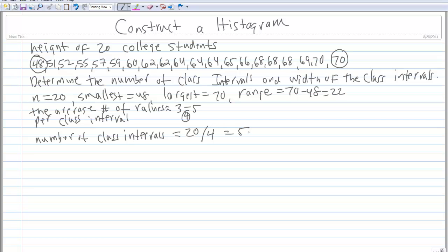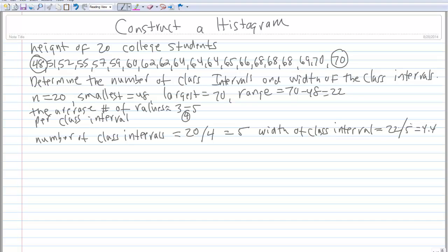Now that we know the number of class intervals, then we can determine the width of each class interval by simply taking the range, which is 22, dividing by the number of class intervals, which gives us a value of 4.4.